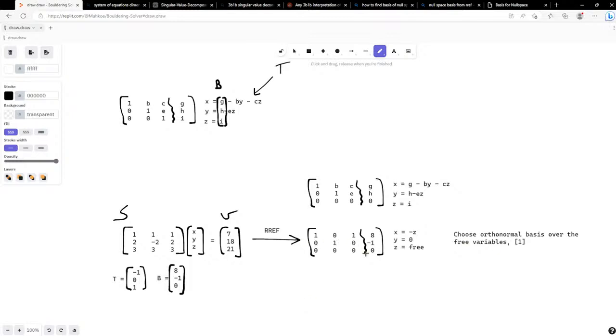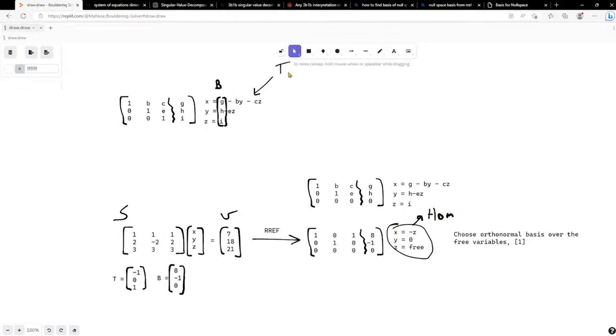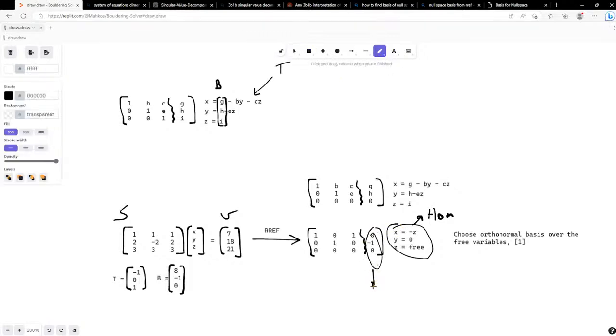Because here in this right-hand side, we know that z is free. So these expressions here are for the homogeneous, and then this thing here is, I think, what happens if you set all the free variables to 0.